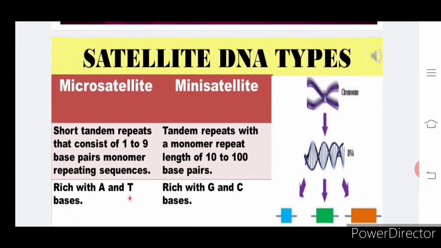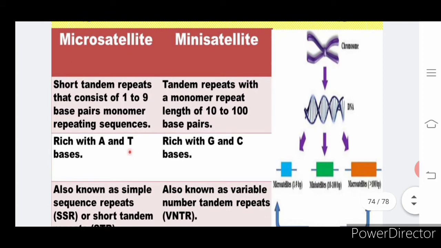Satellite DNA: here we have microsatellite and minisatellite. Short tandem repeats: when the DNA has repeated sequences that consist of 1 to 9 base pairs, a monomer repeating sequence, then it is micro.